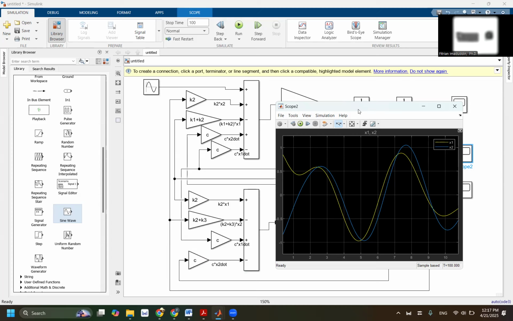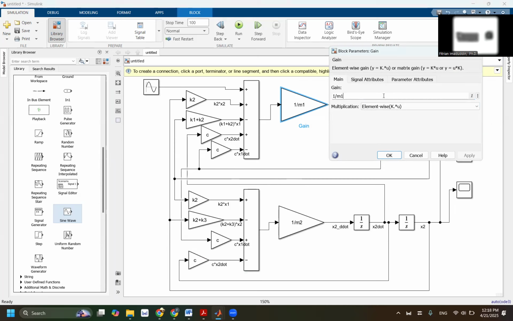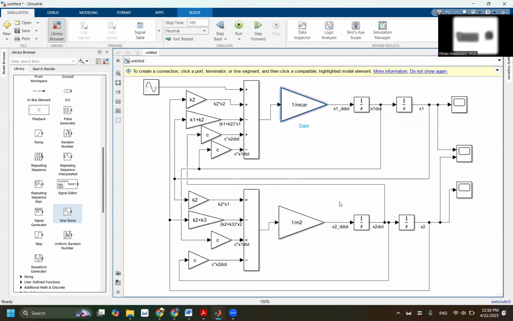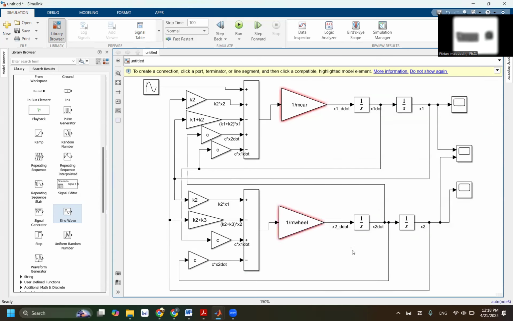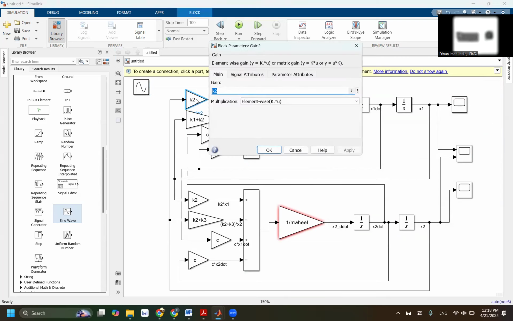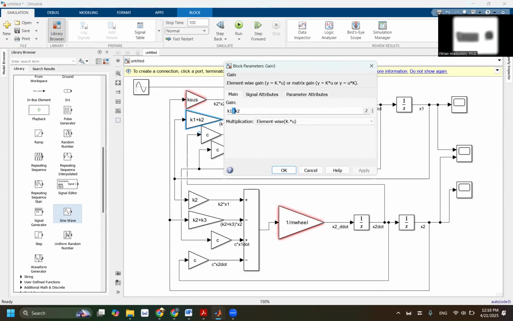Let's try and work on it in Matlab. I'm going to try to modify this. This is now M car. This is now M wheel. And then this is now the cases. This is now the cases plus the K wheel.